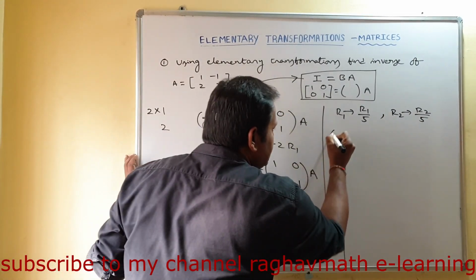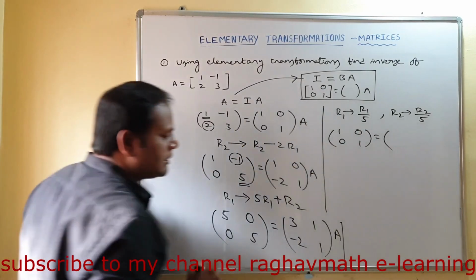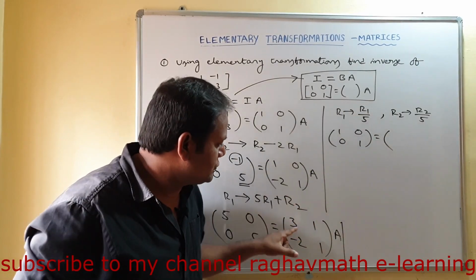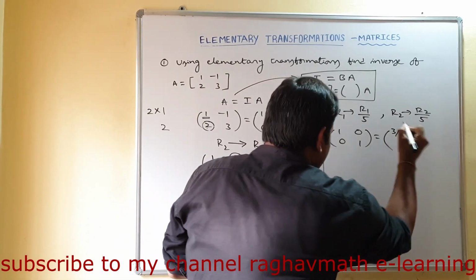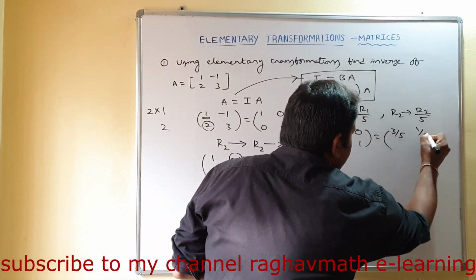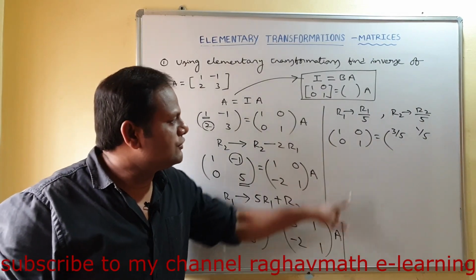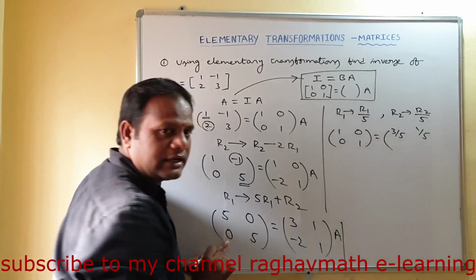What happens? You see, on the left-hand side we have 1, 0, 0, 1 equal to the right-hand side. Divide the first row with 5. What we get is 3 by 5 and 1 by 5. Divide the second row with 5 only. On the left-hand side it is 0, 1, as I have already taken.